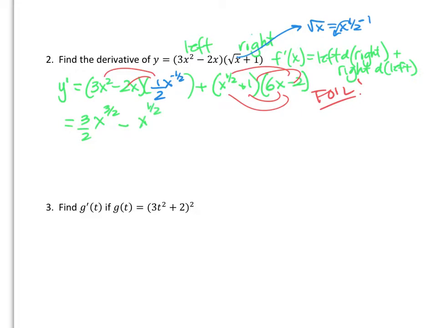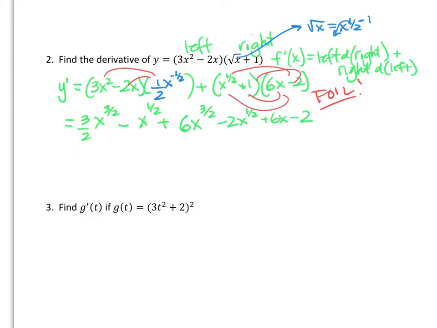And now when we do FOIL over here, I'm just going to go ahead and write out each term that we end up with. So x to the 1/2 times 6x is going to be 6x to the 3/2. Then we have the outer, and then we have the inner and the last.